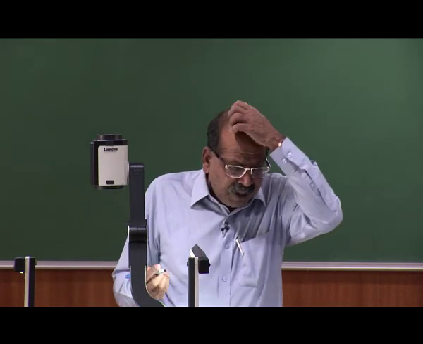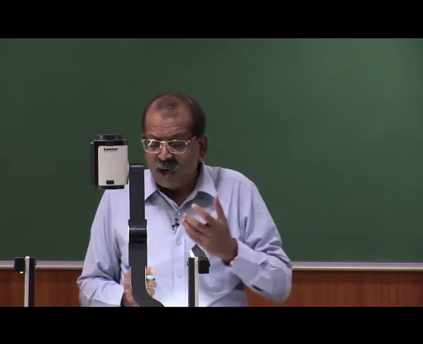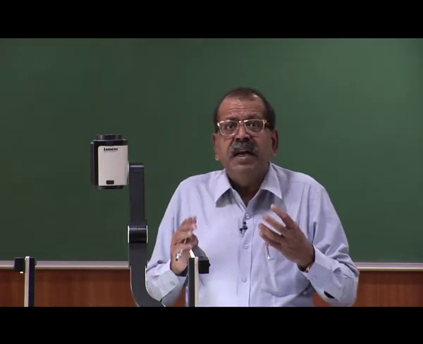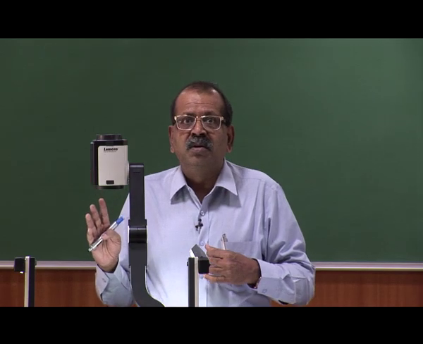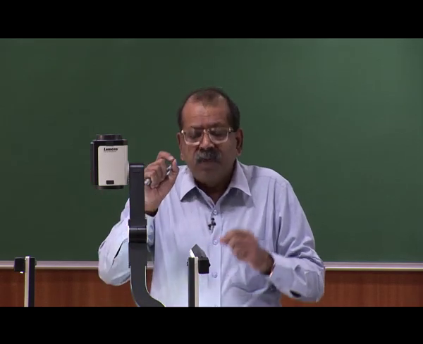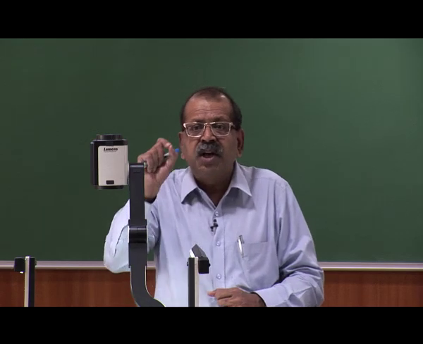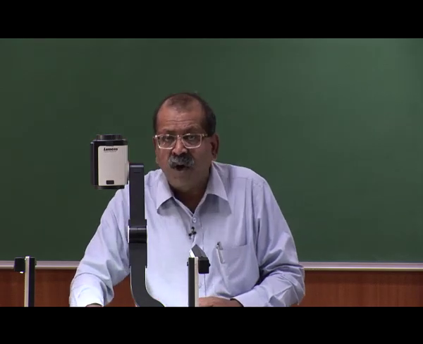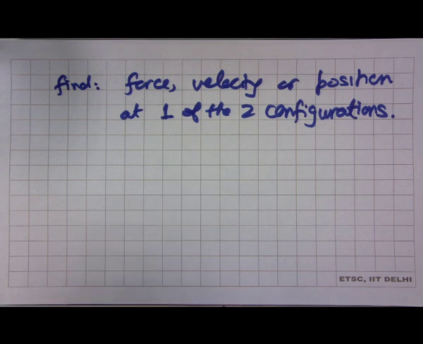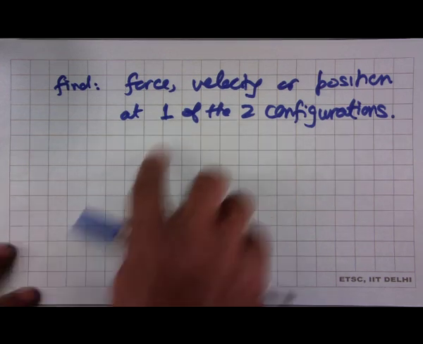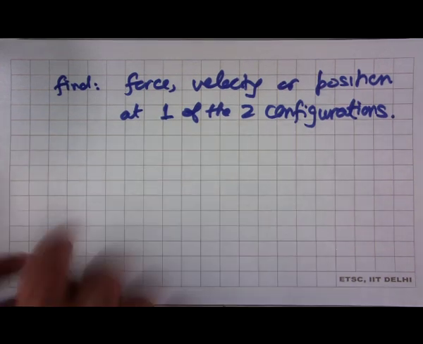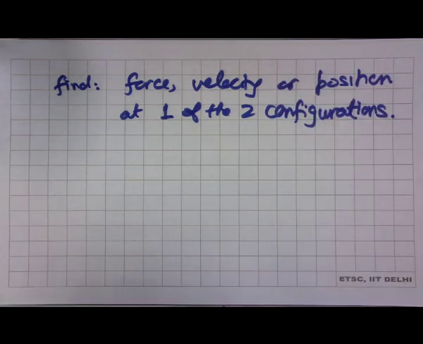So, the work energy method is in some sense an integrated form of Newton's law. With Newton's law, when you apply the second law, you can get acceleration at each configuration, not at 1 or 2. But when we integrate this and apply the integrated form from position 1 to position 2, that is where the work energy method turns out to be useful.